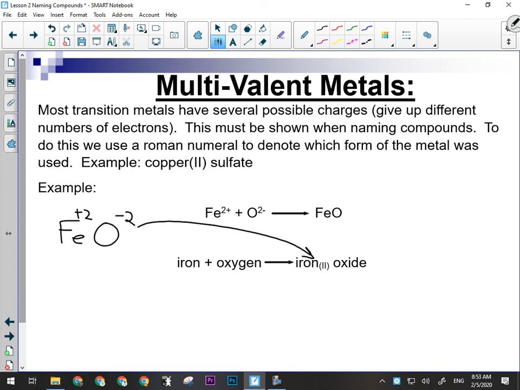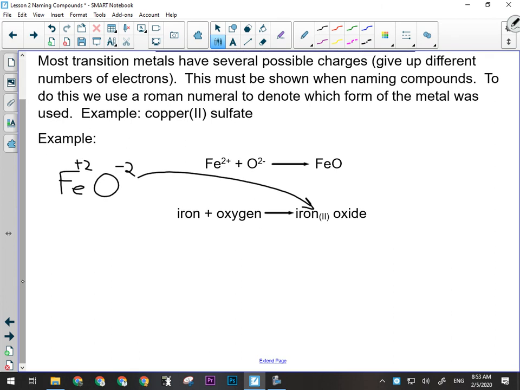The other type of iron oxide, this kind, is going to be different. Again, what's always the charge on oxygen? -2. How many oxygens are there here? 3. So how many negative charges do I have in total? I have 6 negative charges, because every oxygen carries a charge of -2. Everybody okay with that?